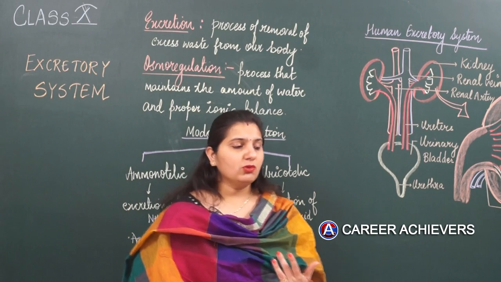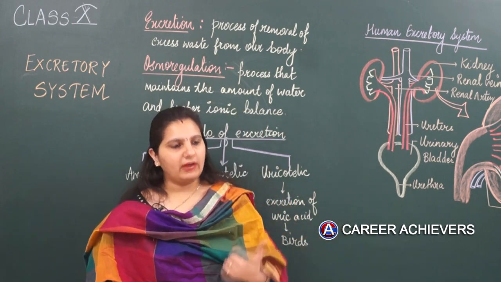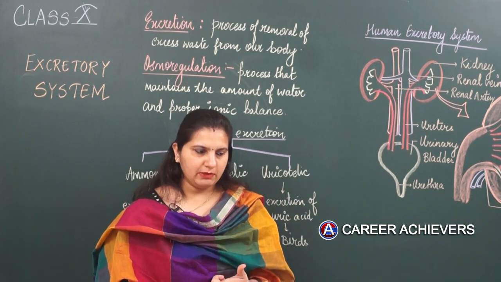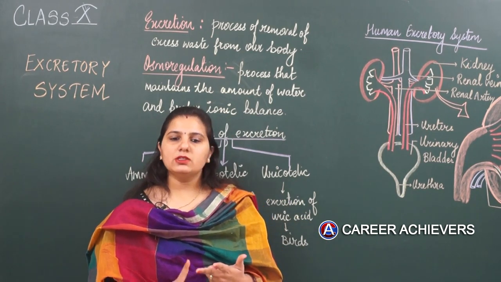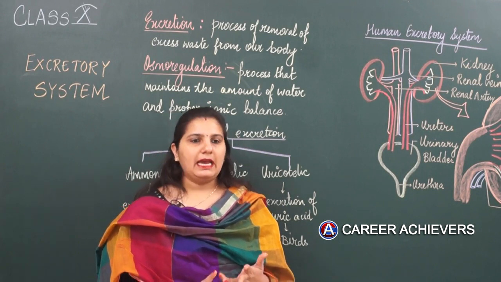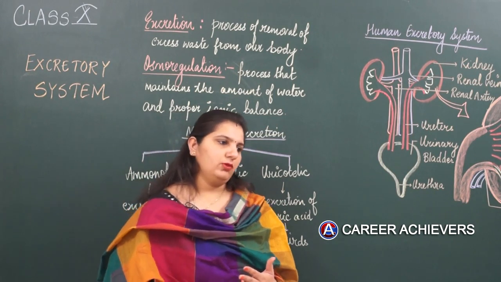So if somebody asks you what the different functions of excretion are: the first is removal of nitrogenous waste. Second is removal of toxic chemicals. Third is maintenance of proper ionic balance and osmotic concentration. And fourth is regulation of pH of the body fluids.